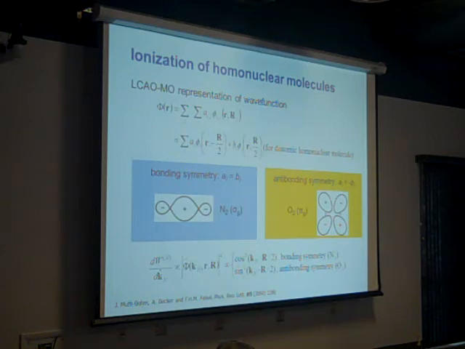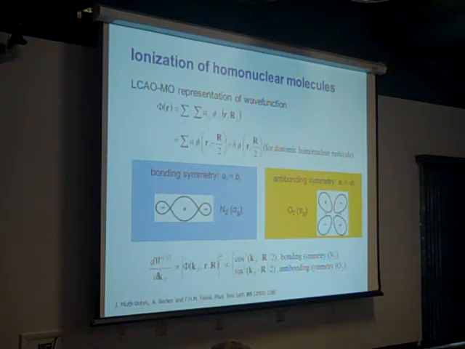And this molecular factor differs depending on whether I have an N2 molecule, which has in the highest occupied molecular orbital a bonding symmetry, or an O2 molecule with an anti-bonding symmetry, because it gives me either cosine squared Kn times R/2 or sine squared Kn times R/2. What you see is just a different kind of interference effect of the two electron wave packets that are coming out from the two atomic centers.